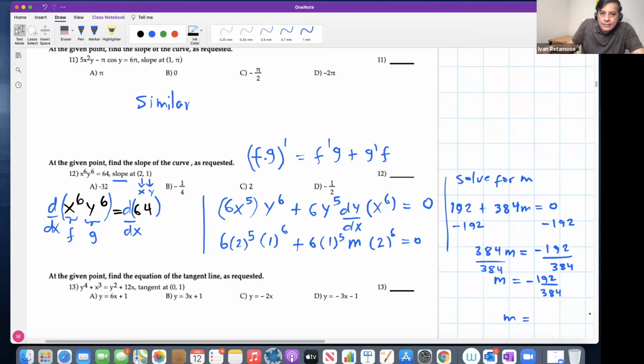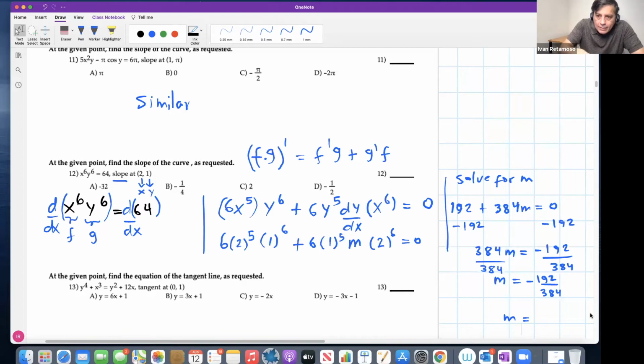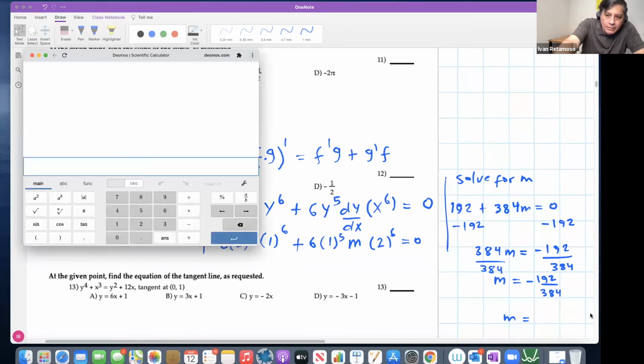But I give you this trick, right? It's gonna be 1/2 negative, right? I know that I work with numbers all the time, but if you cannot see it quickly, right? Use this guy. Go to our decimal scientific calculator and do this.